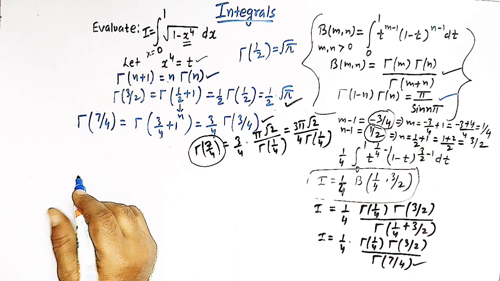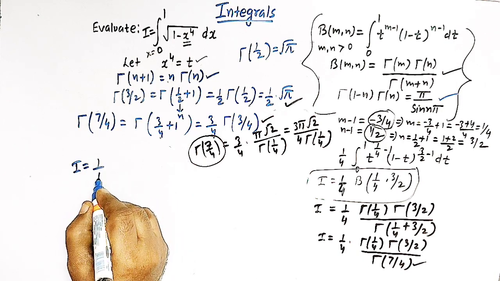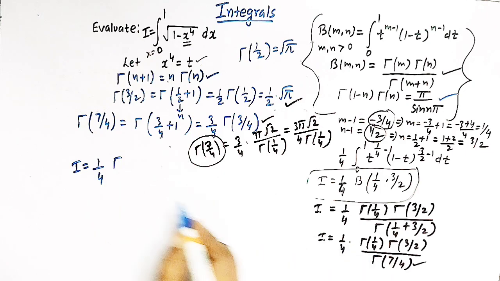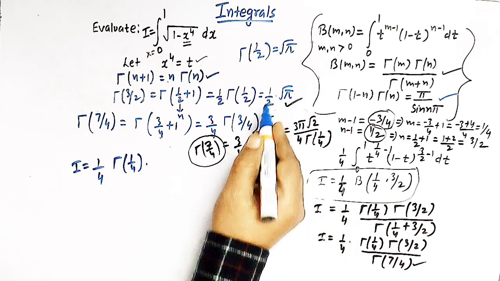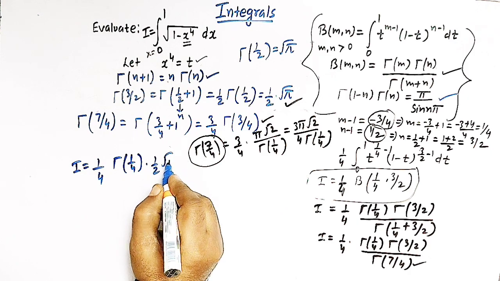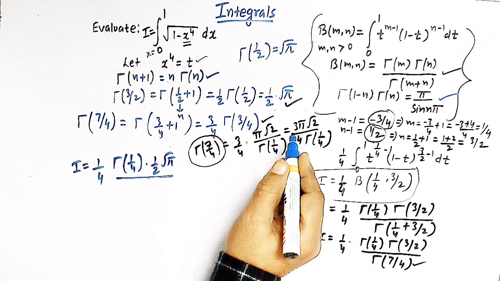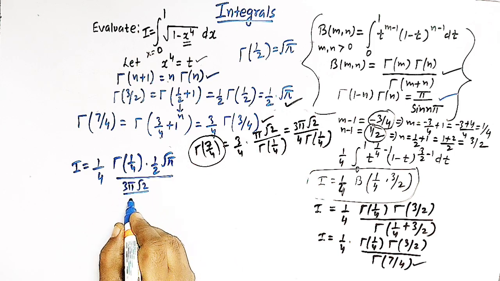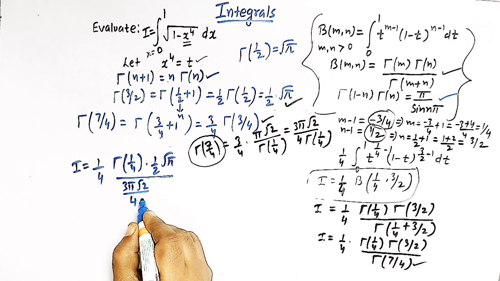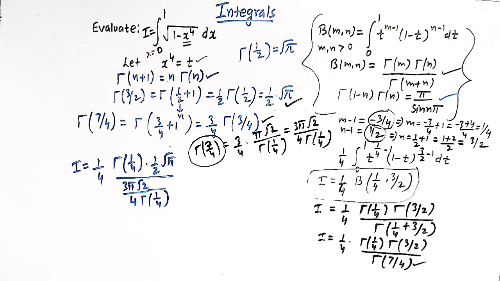So now we can write I is equal to 1 over 4, then we have gamma 1 over 4, and gamma 3 by 2 is half root pi. And then we have gamma 7 over 4 as 3 pi root 2 divided by 4, and then here we have gamma 1 over 4, right?